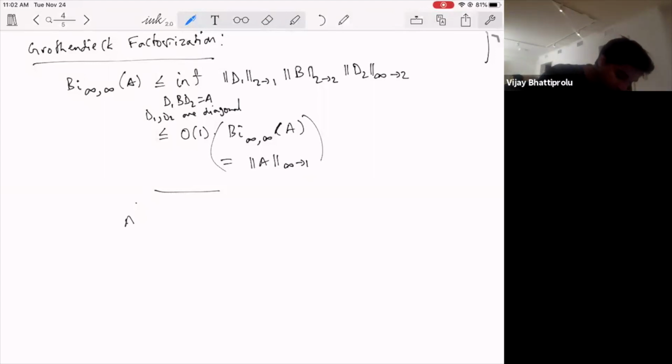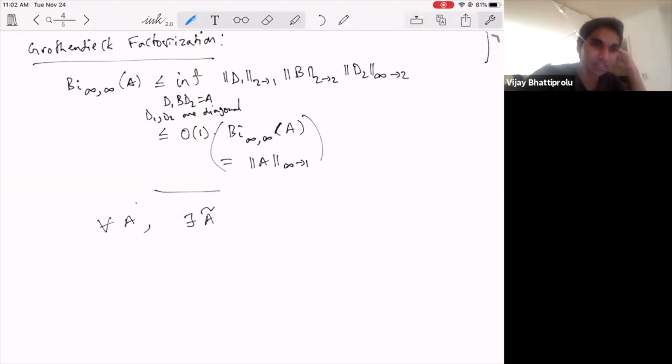So for any A, there exists A tilde where the reweighting satisfies the following condition.